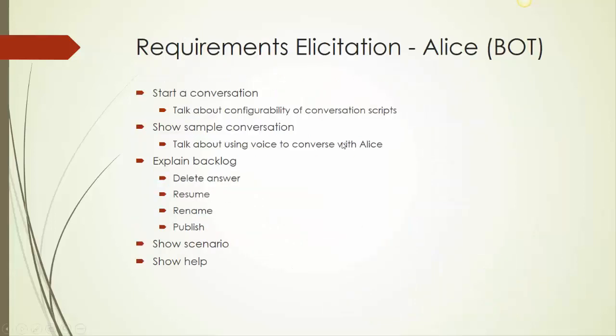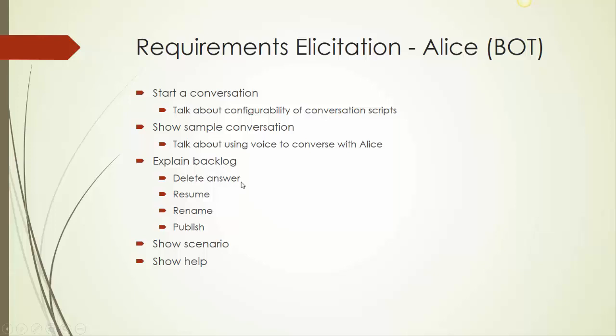In Alice, we'll take a look at how you can start with the conversation. We'll take a look at how Alice could be used with voice activation. We'll look at explaining the backlog, which is to say that a backlog is created based on your Q&A with Alice, which is a hierarchy of requirements.